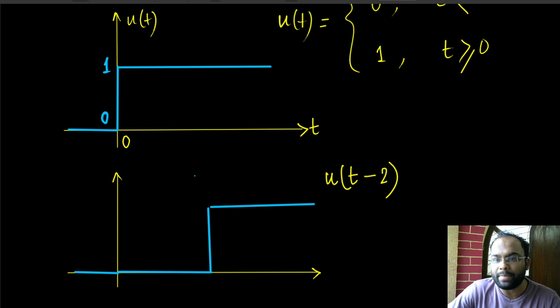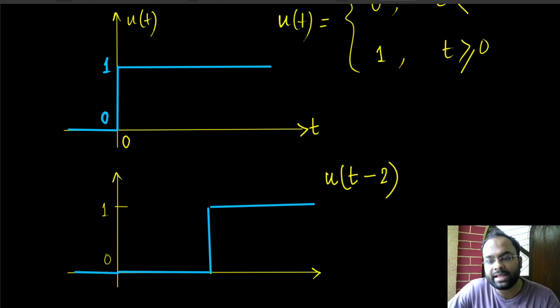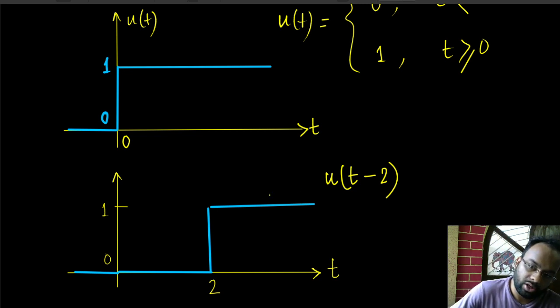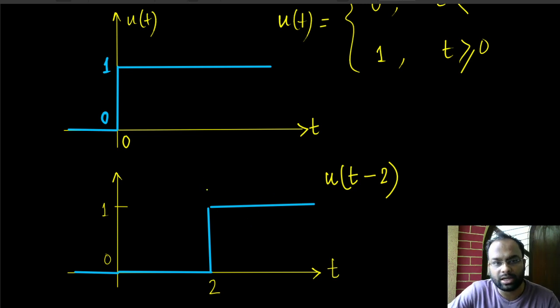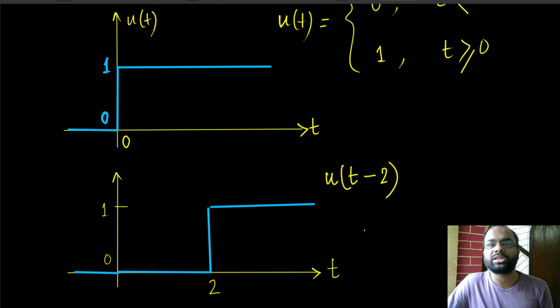The amplitude stays the same. Again the signal jumps from 0 to 1 in terms of amplitude, but it happens not at time t equal to 0 but at time t equal to 2. So that's the delayed version of the unit step. This will be a pretty usual scenario since we discussed time domain signal operations in the last class.